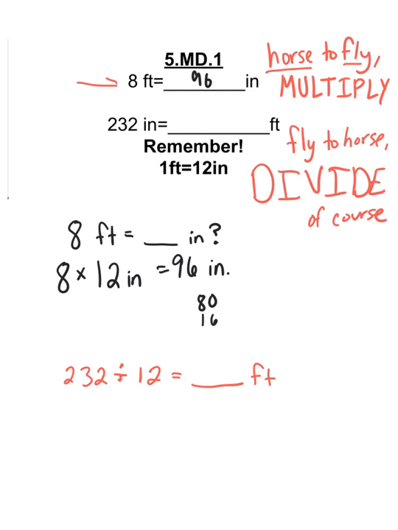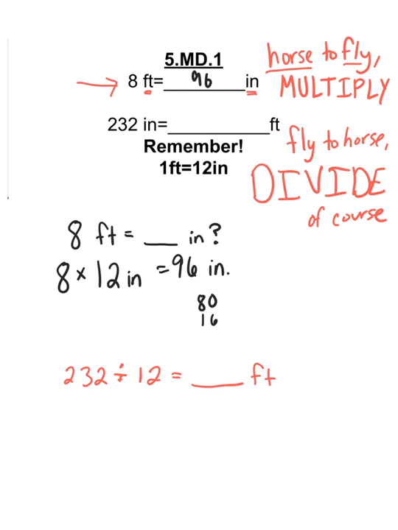So like in our first example, feet are bigger than inches. So this is like the horse, and then the inches are the flies. Horse to fly, multiply. If you're taking a smaller unit of measurement, like a little fly, buzz, buzz, an annoying little fly, and you're changing it to a bigger unit of measurement, then you would divide.